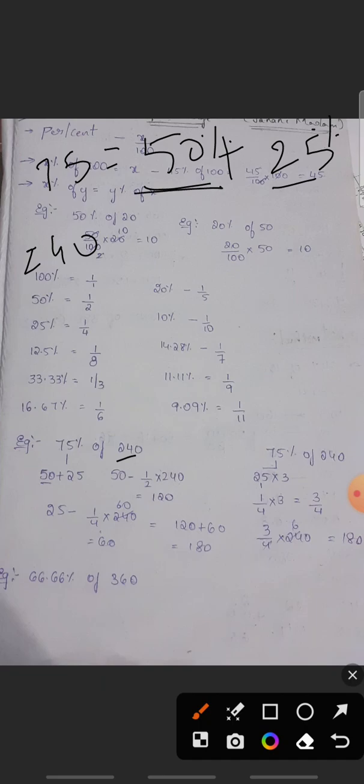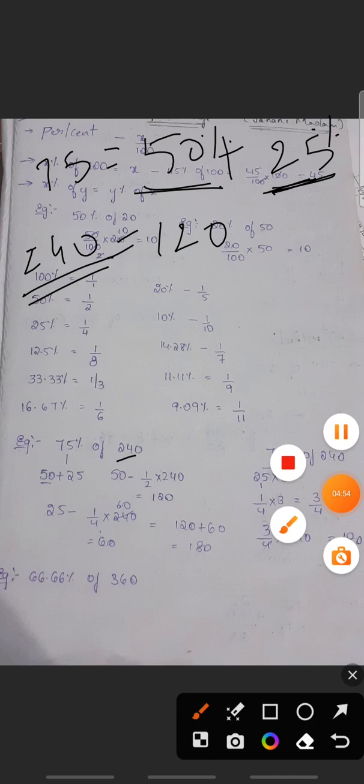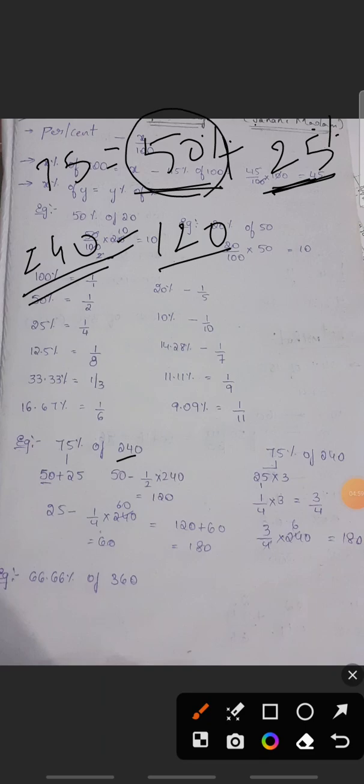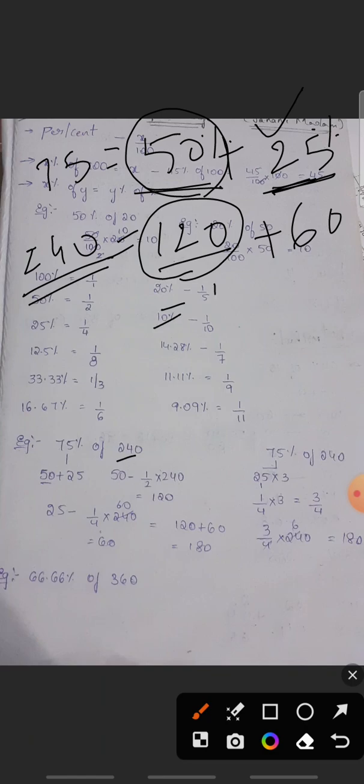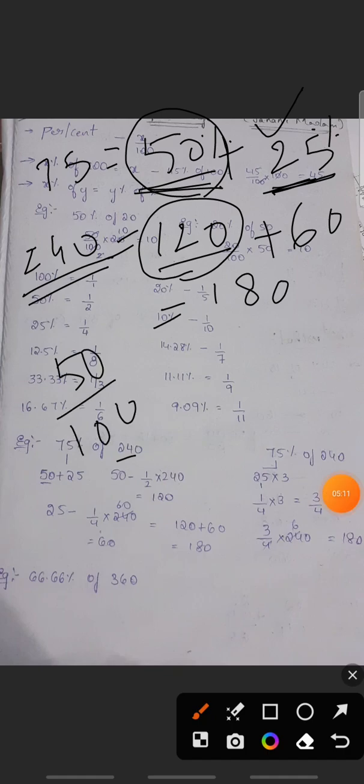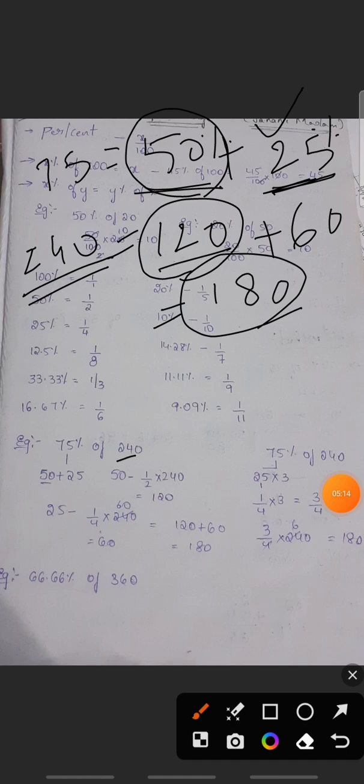If we consider 50% of this 240, we will obviously get 120, and this will be the 25% part. From this we have got 120, and half of the 120 will be 60, so for the 25% we get 60, and altogether we get 180. So finally we got the answer as 180.